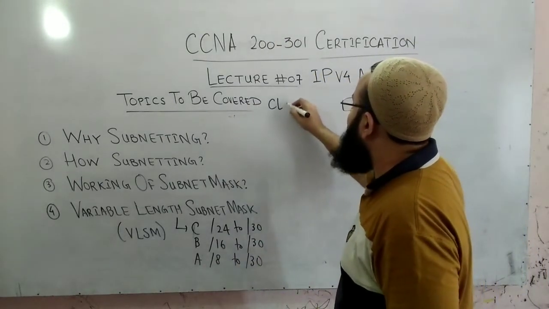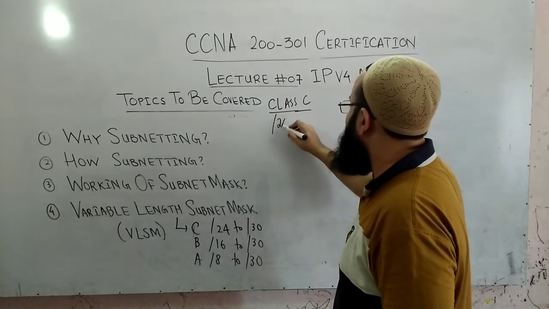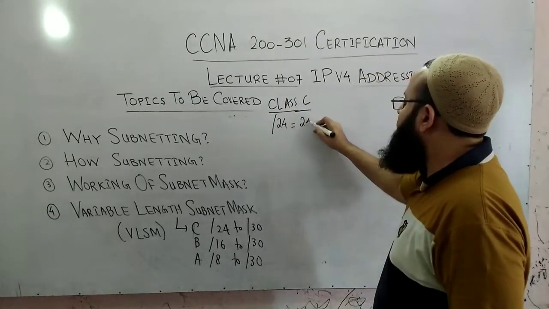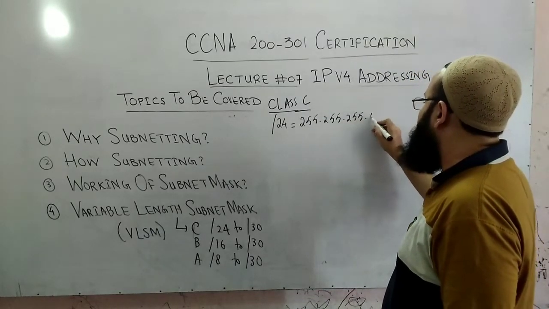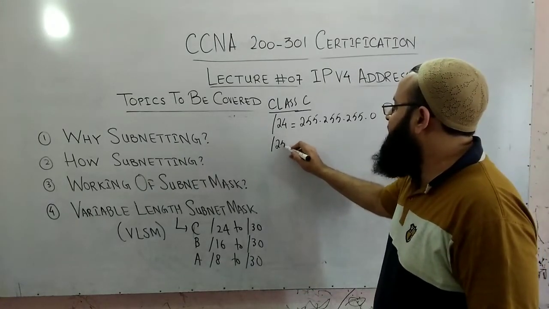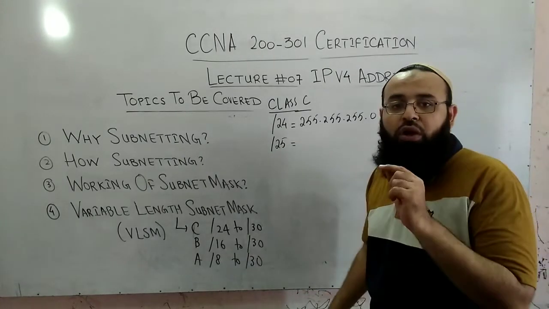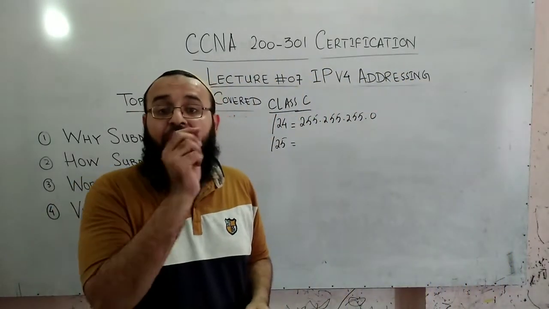Let us consider the example of a class C IP address, class C /24. /24 is basically 255.255.255.0. That was told to you in lecture number 6. Then /25. /25 means you have taken 1 bit from the host portion, and that 1 bit is the MSB.